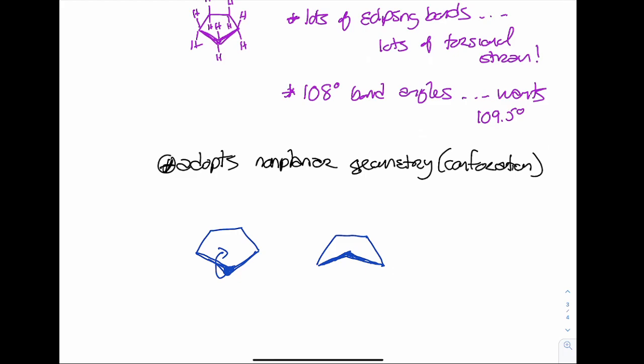It didn't really have much to begin with, so we're okay with that. And I'm alleviating quite a bit of torsional strain when we do this. This is called an envelope structure. It's supposed to look like an upside down envelope, I guess, if you were to connect that part. Don't though, there's no bonds there. But an envelope structure.